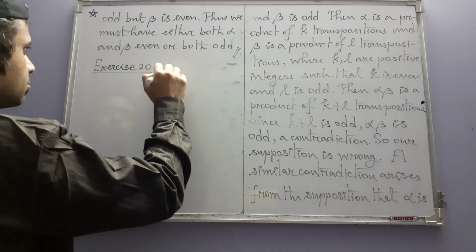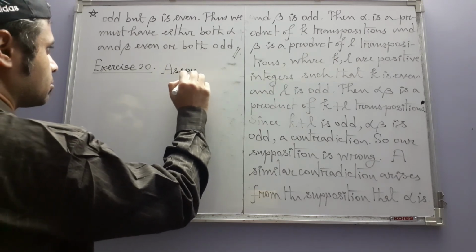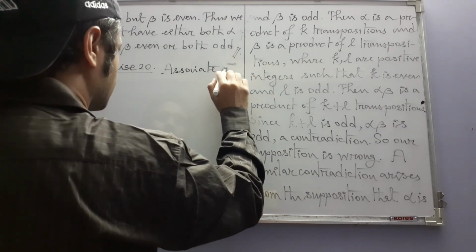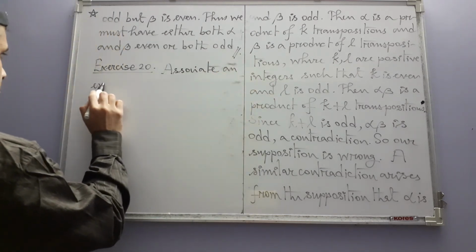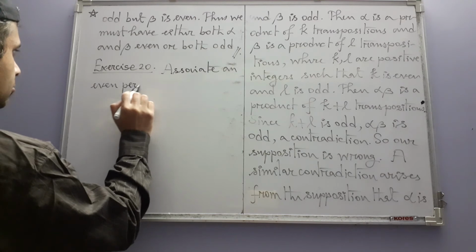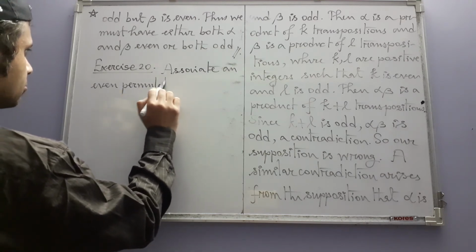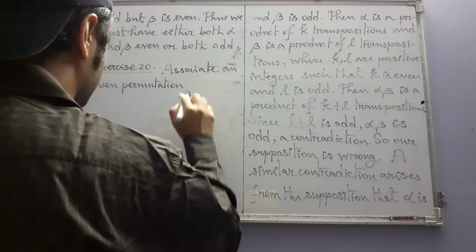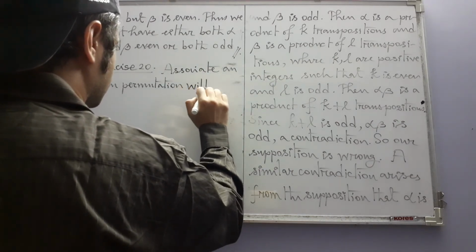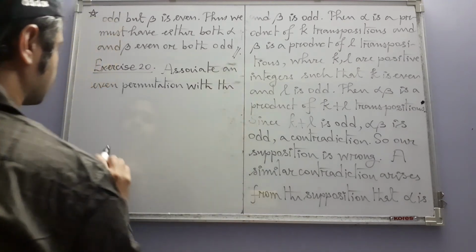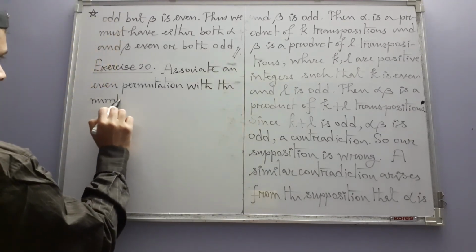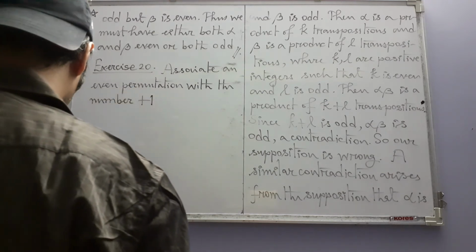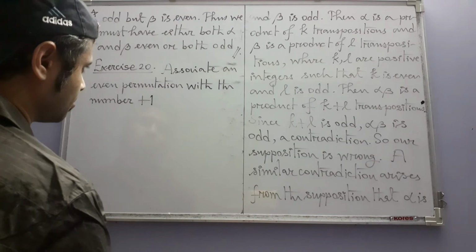Now next, associate an even permutation with the number +1 and an odd permutation with the number -1.